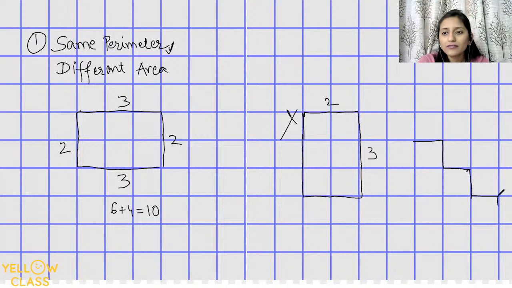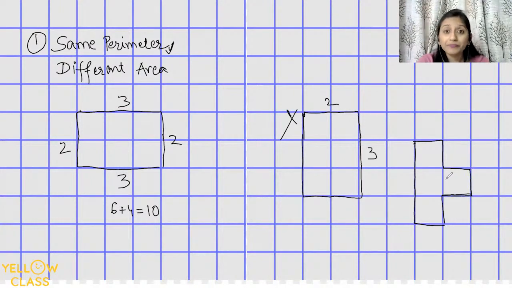4, 5, 6, 7, 8, 9, 10. So for example, if I make this, let's erase this. For perimeter, when I'm drawing the lines, I am counting the lengths side by side.